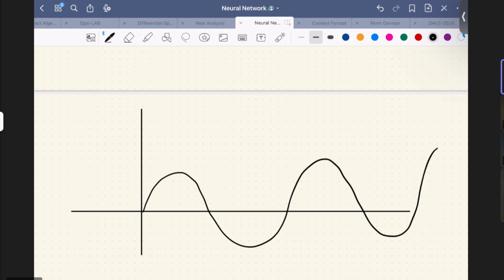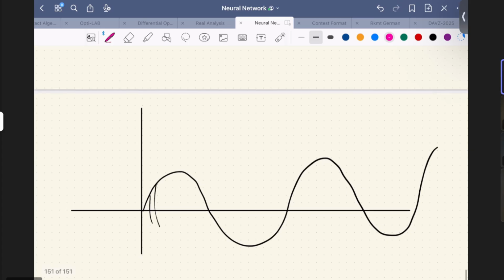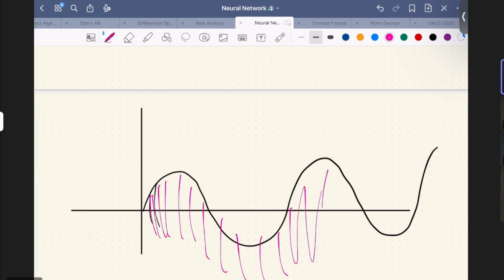Take any function. Below the sine there is one region, you think of it as a pink region, and above you take it as a green region.